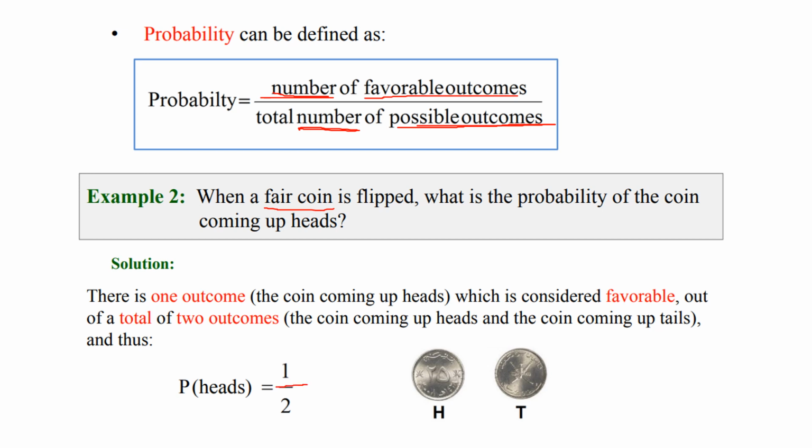We should keep the total number of possible outcomes, 1, 2, and write that total number of outcomes in the denominator. The numerator is what I'm looking for, the favorable outcomes. The question: what is the probability of the coin coming up heads? I have only one head. So 1 divided by 2. 1 divided by 2 is the value of the probability. That's it.